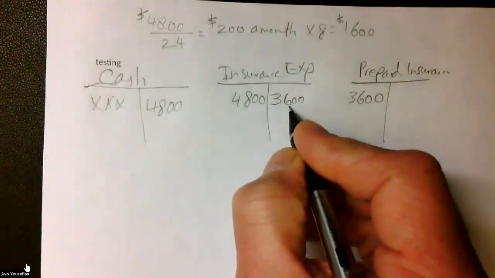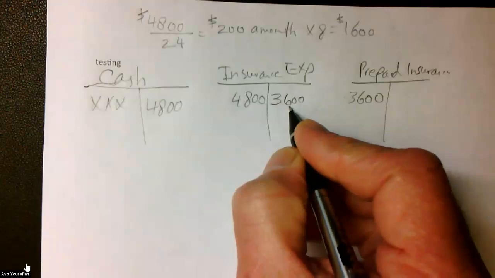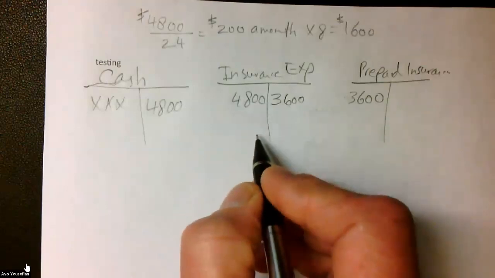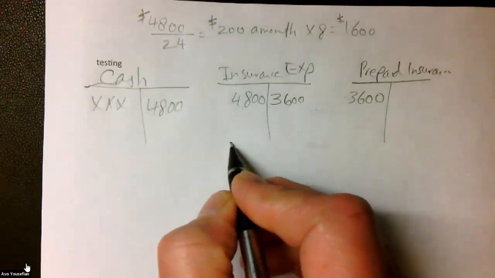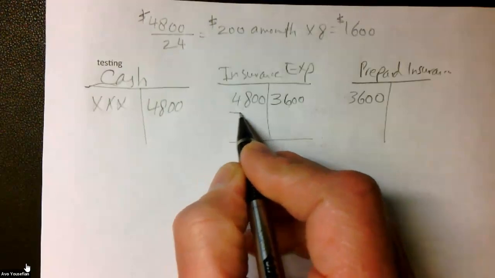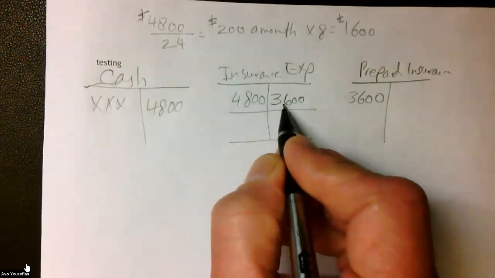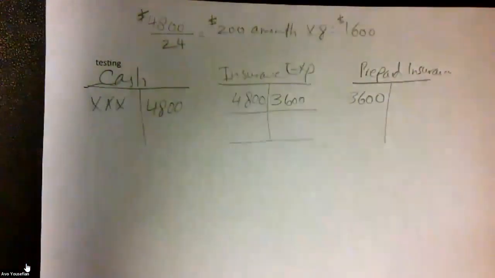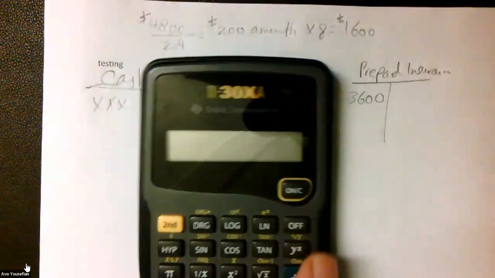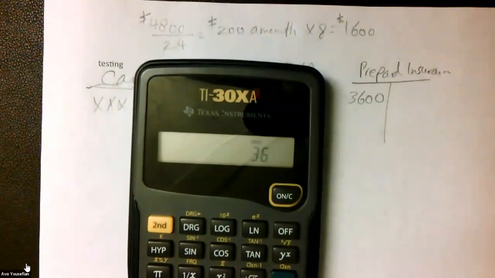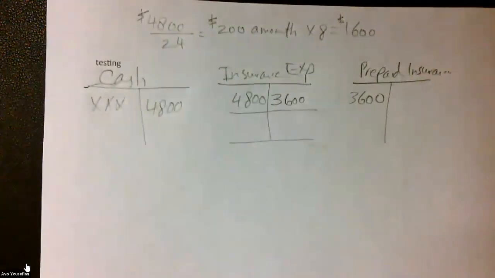So expense went down, asset went up, and now because of this, you have a balance of 48 minus 36. Let's calculate so we don't make mistakes. 48 minus 36, that's 1,200.